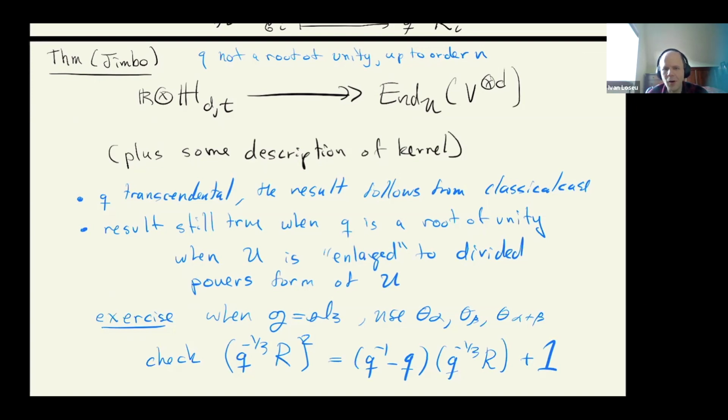So when you deform, endomorphisms can only become smaller, and the image of a homomorphism can only become larger. So if you know that you have a surjection at a special point, then you know that you have a surjection at a generic point. So it follows from the classical case. That's right, when q is Zariski generic.